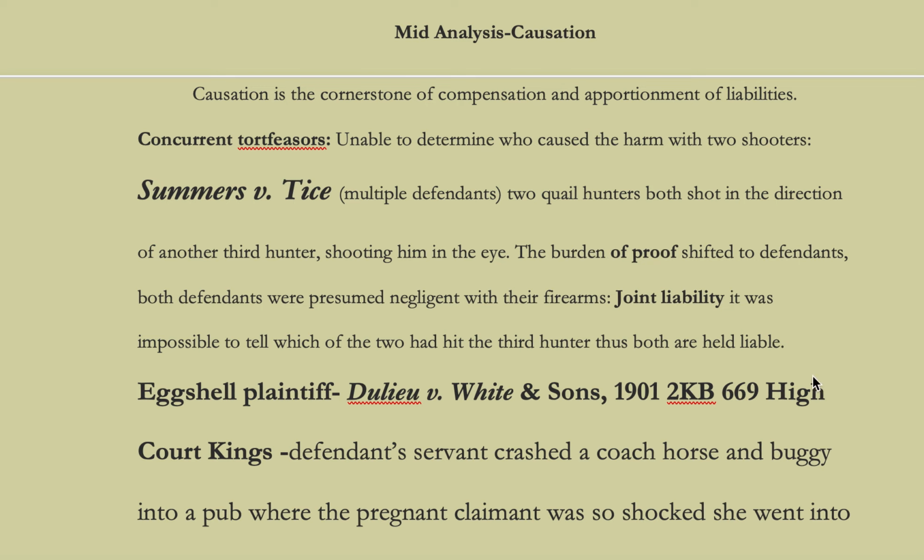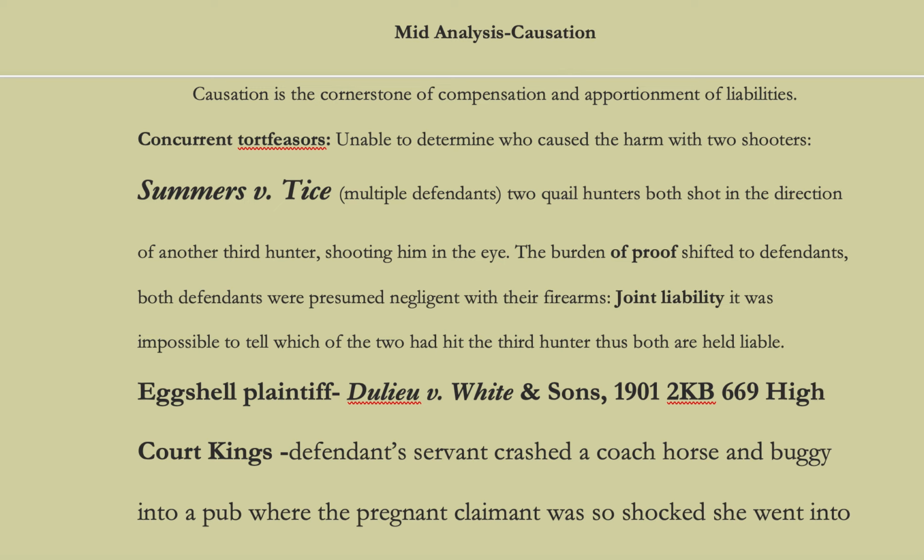So this is a seminal case because the burden of proof is shifted to the defendants in the tort case. They're both presumed negligent. It's one injury. They're not going to split the injury up, but they are going to split the damages, and they're jointly liable because it was impossible to tell who hit the third hunter.